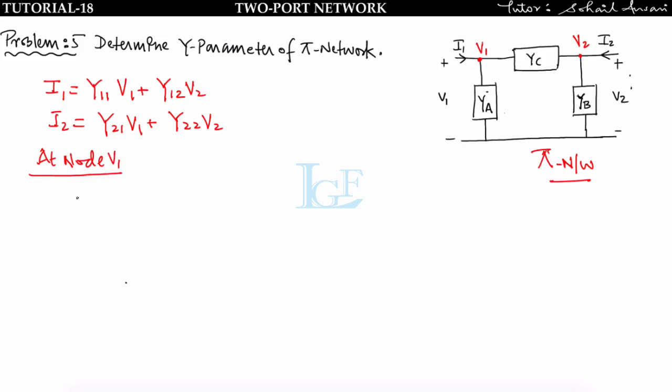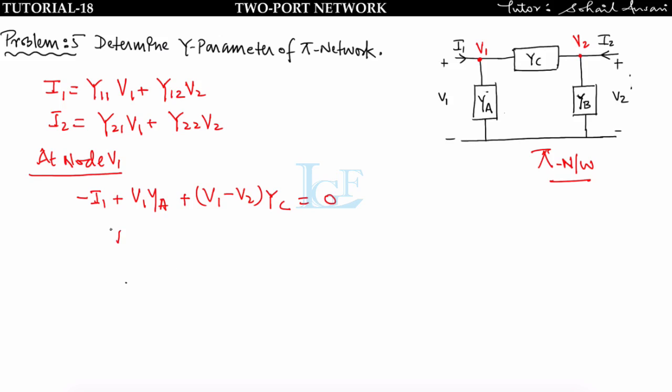Apply nodal, I will get minus I1 plus V1 by YA plus V1 minus V2 into YC is equal to 0.